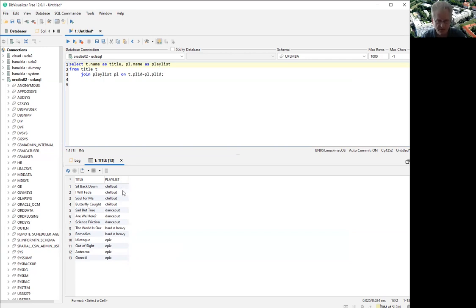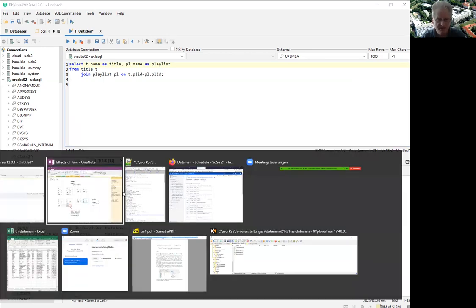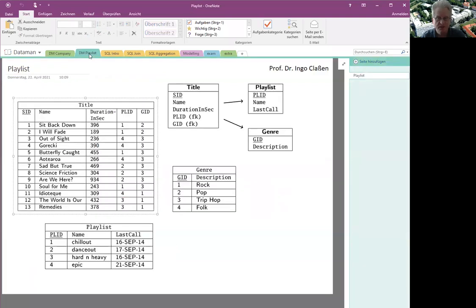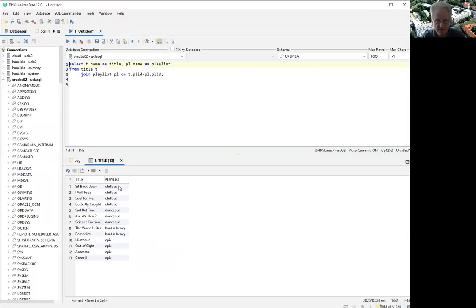It appears 4 times in the output. So if you look at the actual data, we have one record here, chill out, and it is connected with this one, that one, the third one, and the fourth one here. And since it is connected 4 times, it appears 4 times in the result.